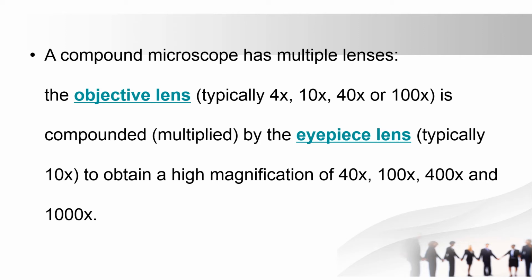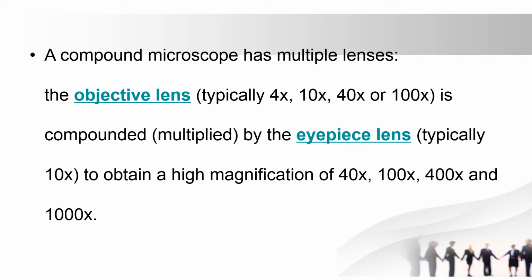Again, when you combine the eyepiece magnification of times 10 with the objective lens magnification of times 40, then you are going to produce a high magnification of times 400. And that is how you are going to view the object.